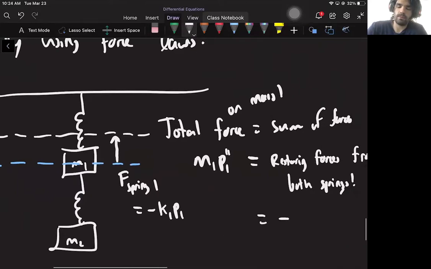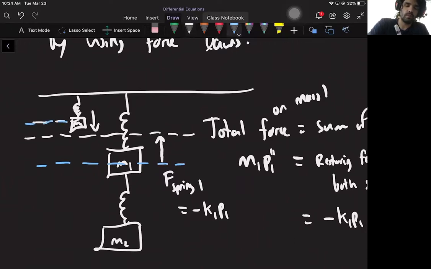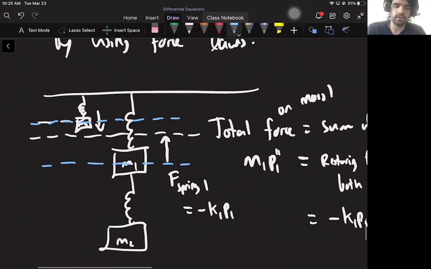Okay, so that's one force pushing up on it, in the opposite direction of motion. So like if the spring was up here, then it would be pushing down because the position would be up. And so that's, again, why there's always a negative, because it's always in the opposite direction of the position.